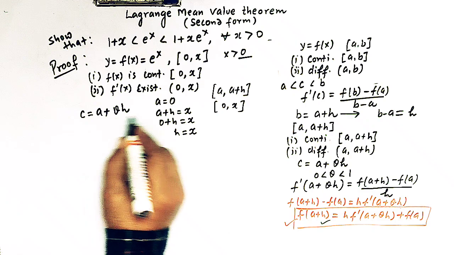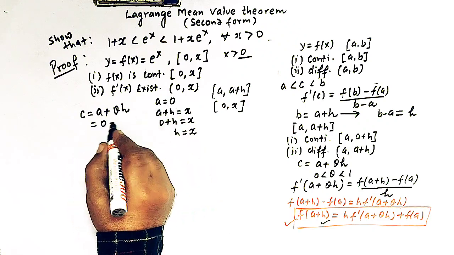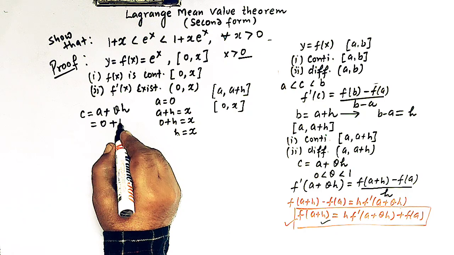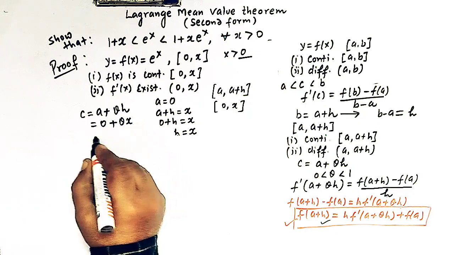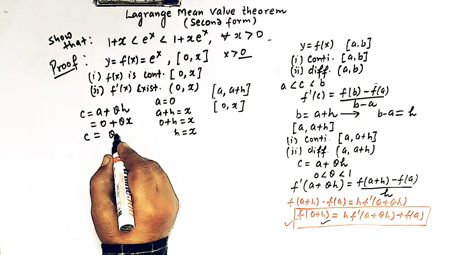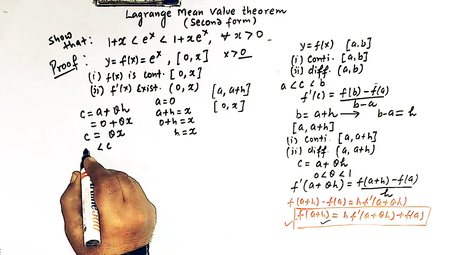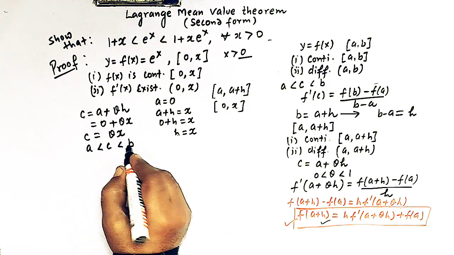Right. Now a is 0, so we have 0, and here h is x, so we can now write theta x. So we have c is equal to theta x. Now c lies between a and b.